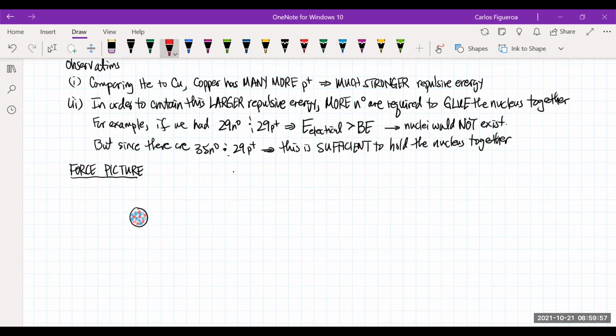And so this force is growing and it's pushing, trying to blow the nucleus apart. But because we add more neutrons, we're seeing that the nuclear force is now stronger also.